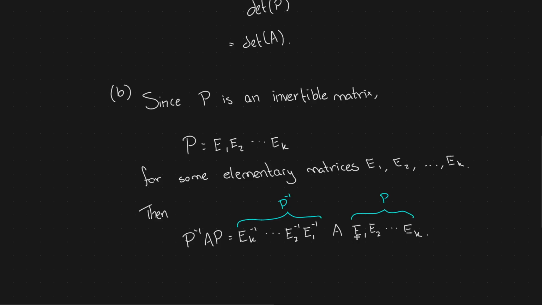When we apply elementary matrices on the left of a matrix, that is equivalent to performing row operations. We know that performing row operations does not change the rank of a matrix, right? The rank is defined equivalently as the number of non-zero rows of the matrix, but also the dimension of the row space or the dimension of the column space of the matrix.